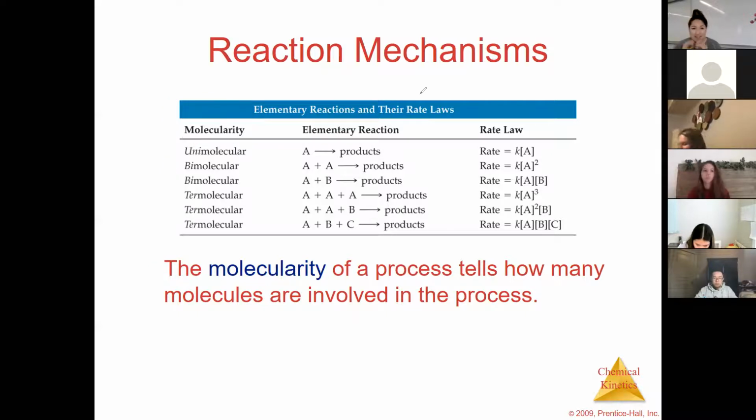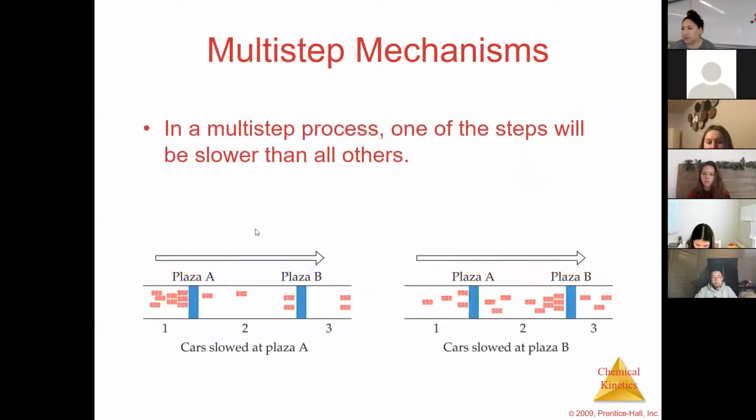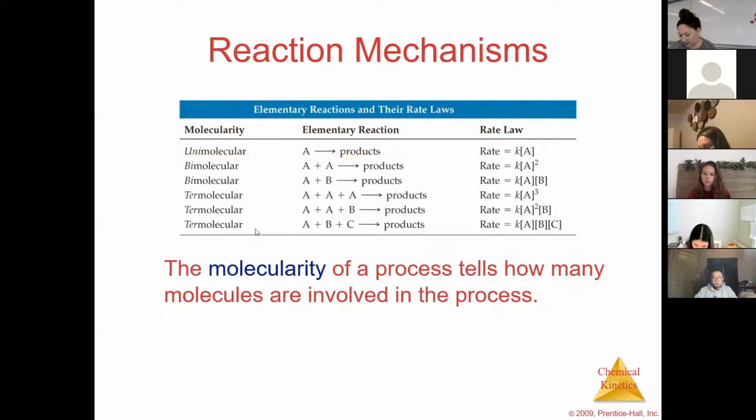But when you have an individual elementary step, it's very rare to have over 3. It'll come up in a few slides, but it's very rare in an elementary step to have more than 3 molecules.